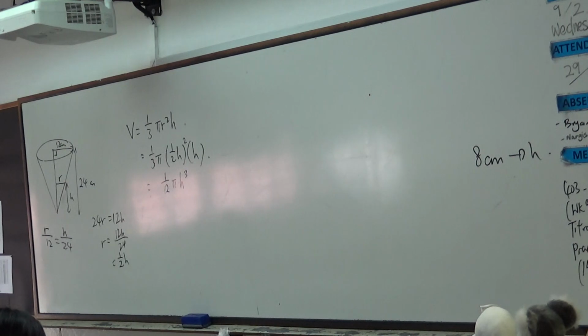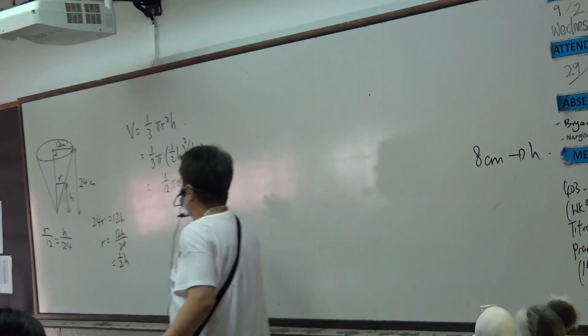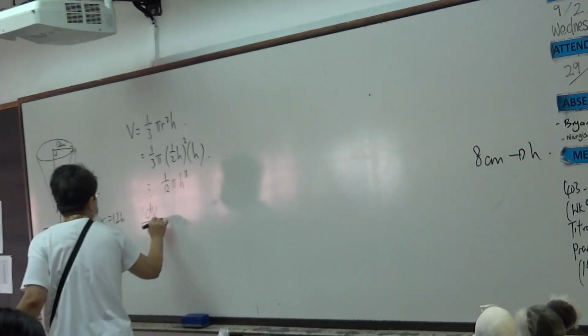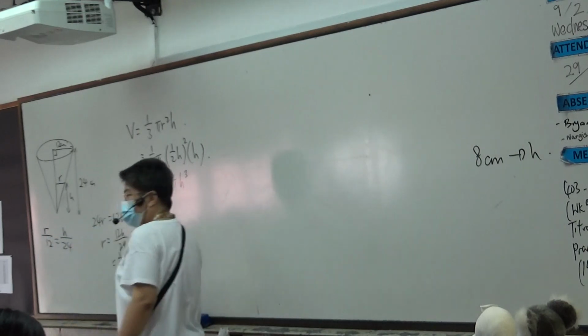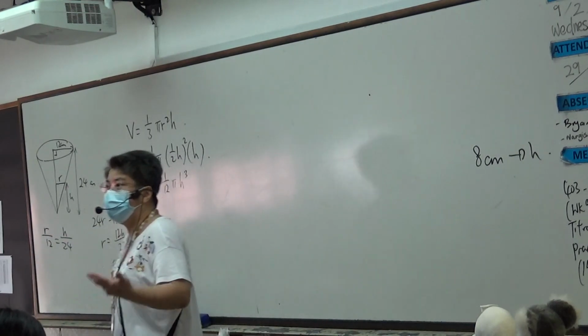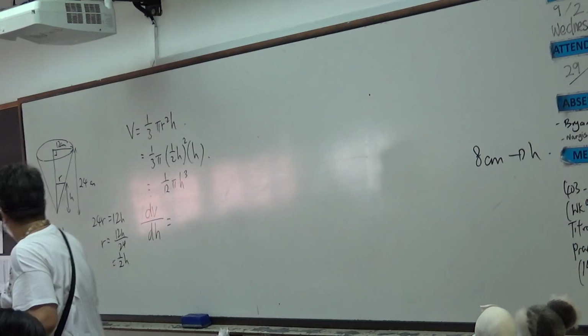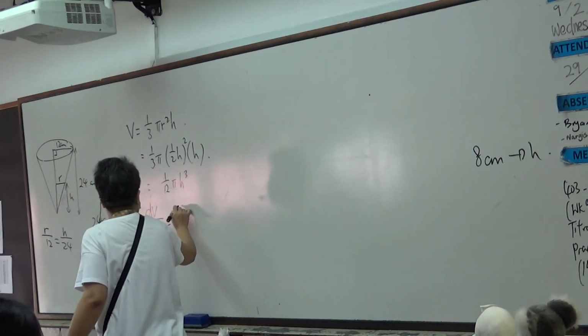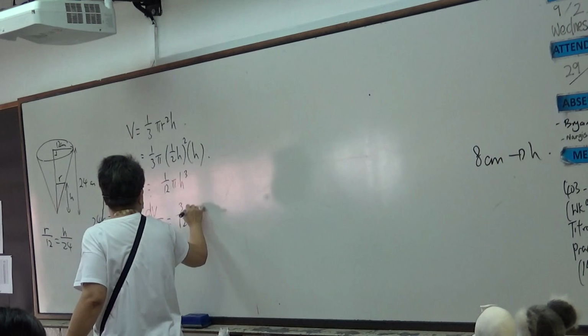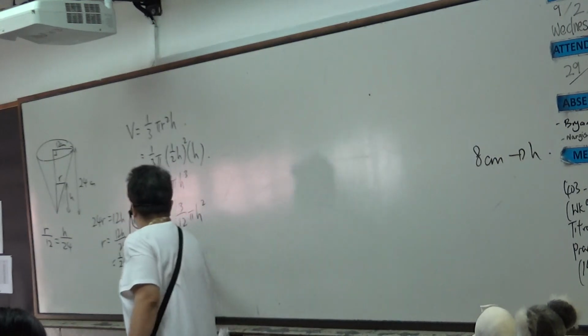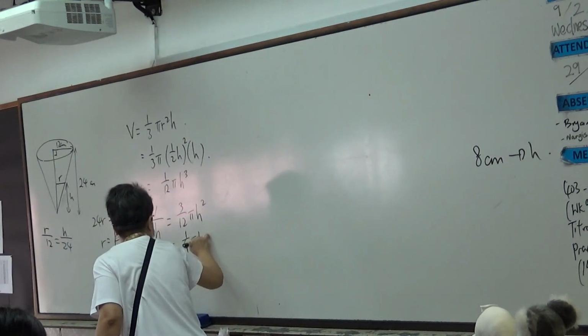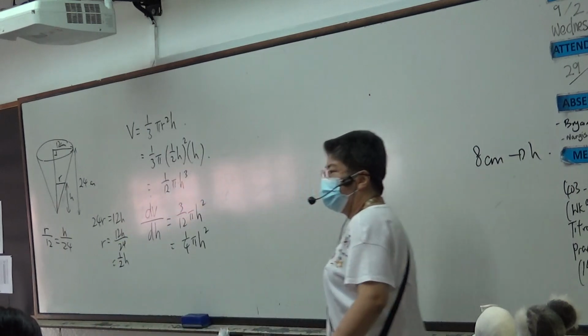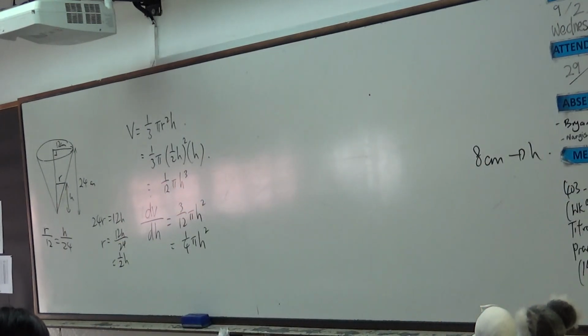Alright, now what do you think I'm trying to do here? I'm going to find dV/dh. That means I differentiate V with respect to h. So I bring down the 3, it becomes 3 over 12 pi h squared, right? Which means this is actually 1/4 pi h squared. Everybody okay so far? Yeah?